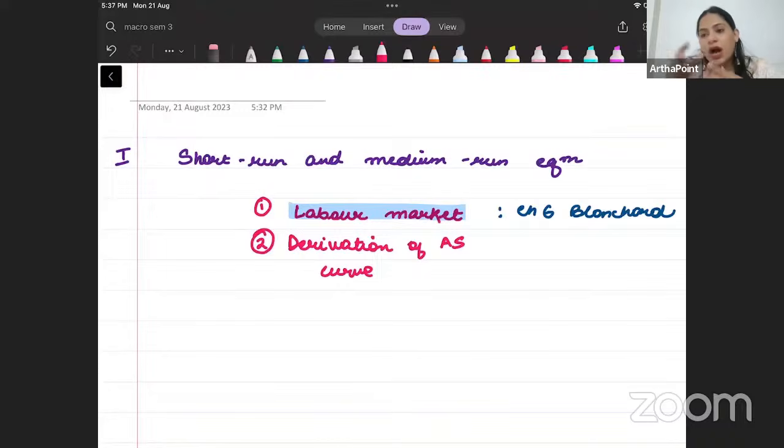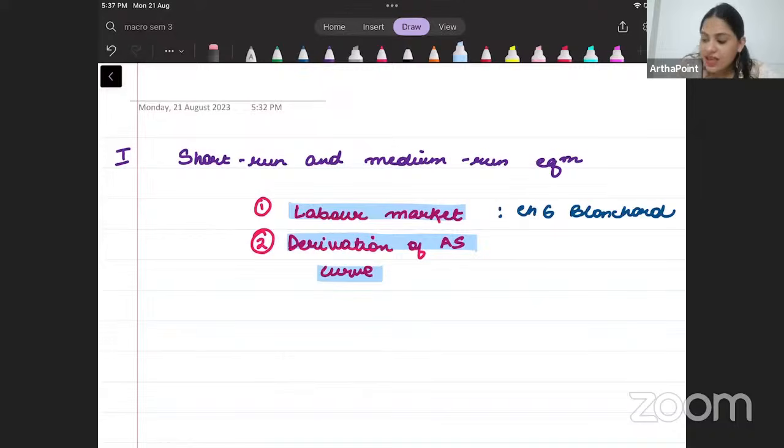Once you have understood how labor market works, we want to go one step ahead and derive the AS curve. But the AS curve is derived from the labor market. The AD curve, aggregate demand curve, is derived from the goods and money market.